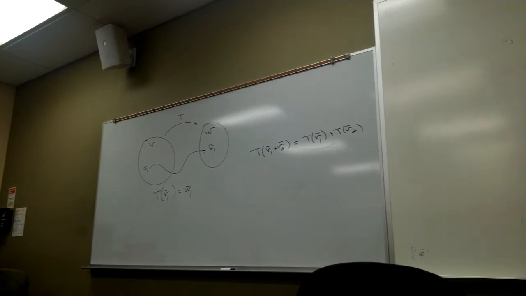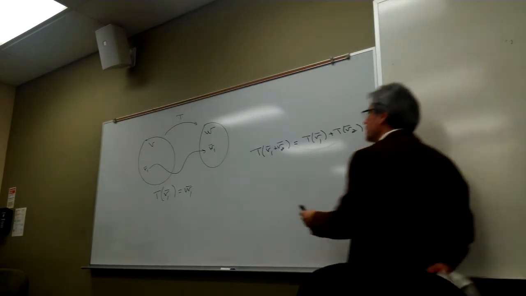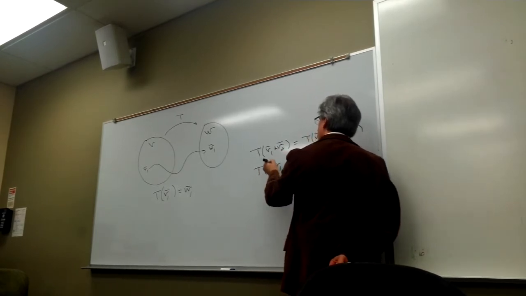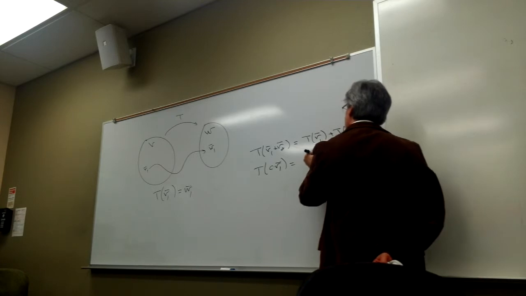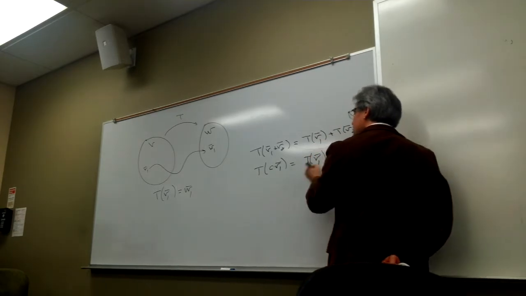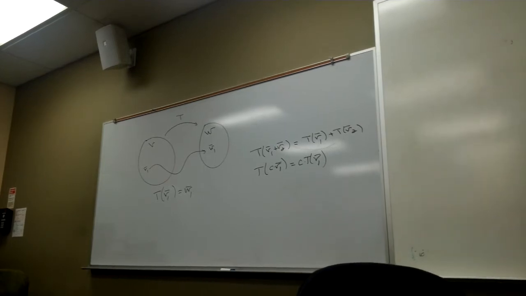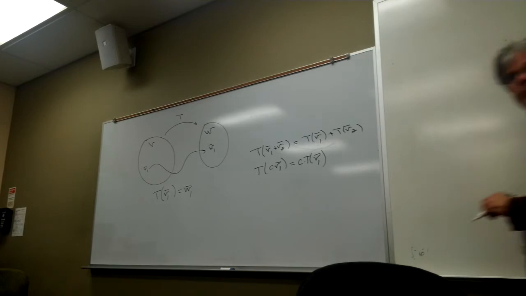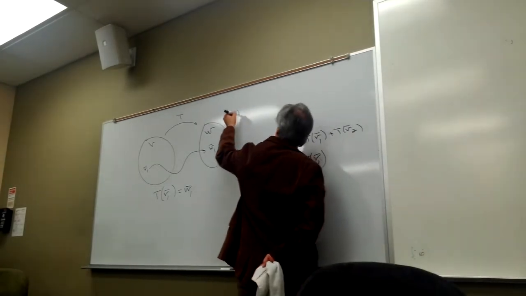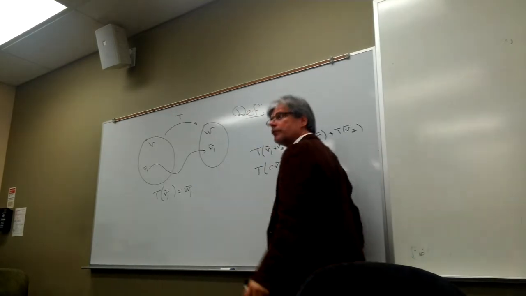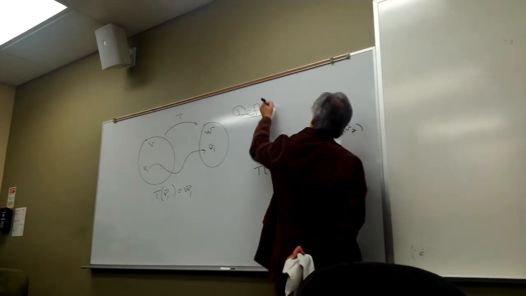They also have another quality, that if I were to transform, I don't know, how about some scalar times v1 bar, it gives me in the end the transformation of v1 bar under the mapping of T times the scalar. And if my mapping satisfies those two particular properties, I will subclassify the mapping as a linear transformation. This is a man-made definition. This is not a theorem to prove. A linear transformation.